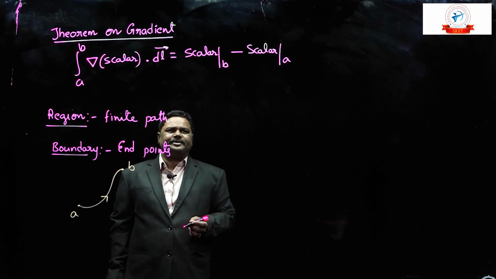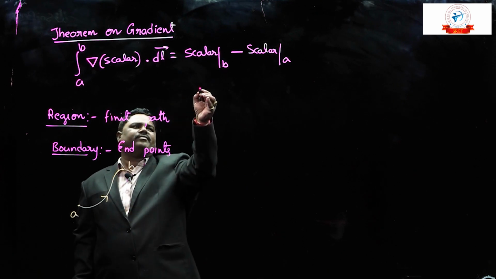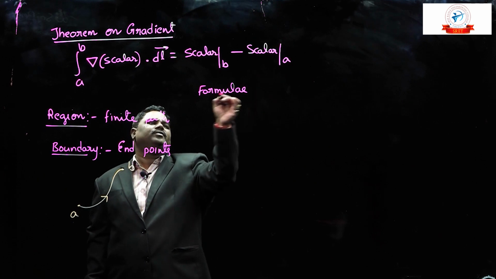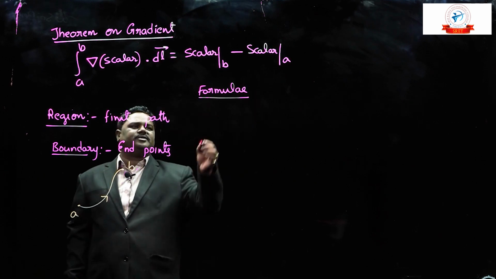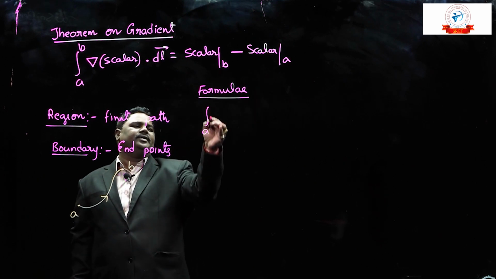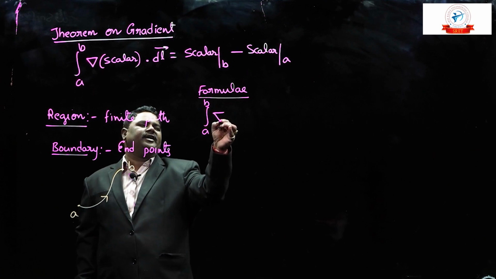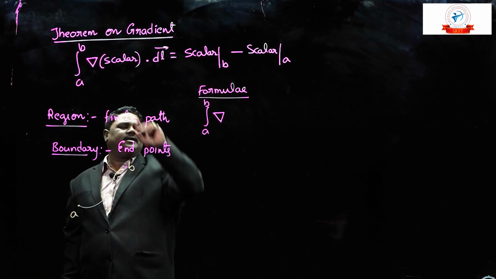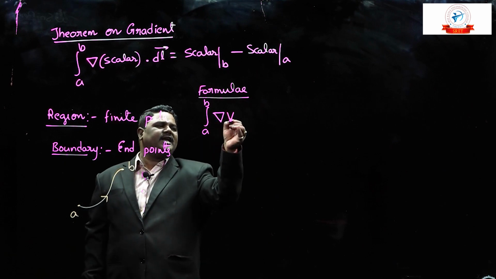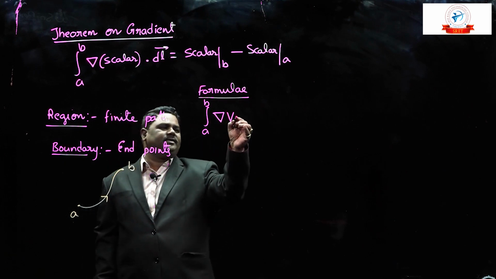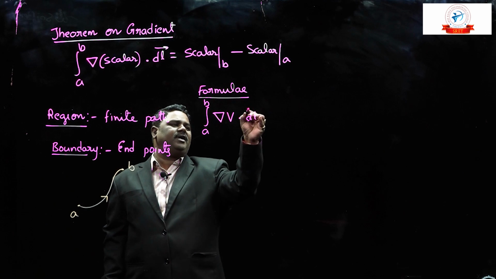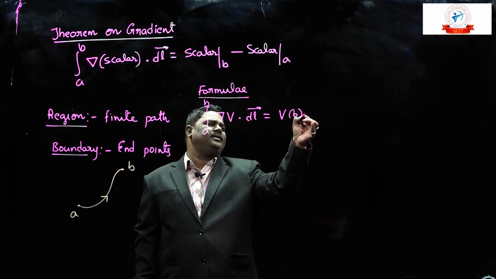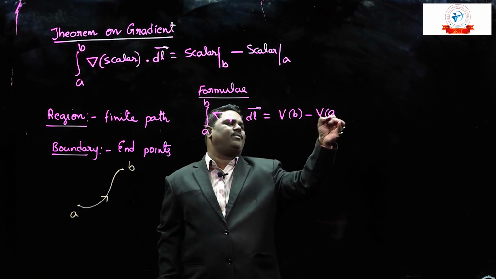If you write this in the form of a formula, you can observe here the integral from A to B of the gradient of, we need to consider any scalar field, I consider potential. Electric potential is a scalar field. So dot dl bar is equal to potential at point B minus potential at point A.